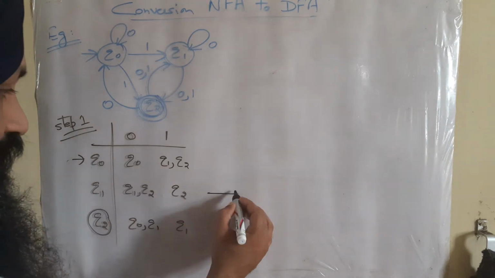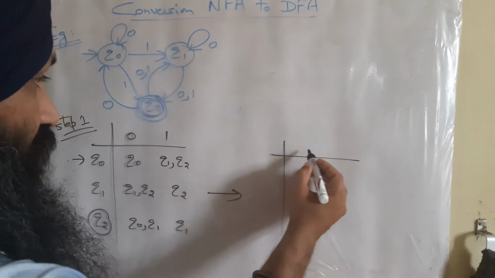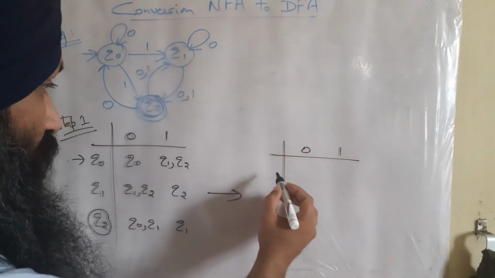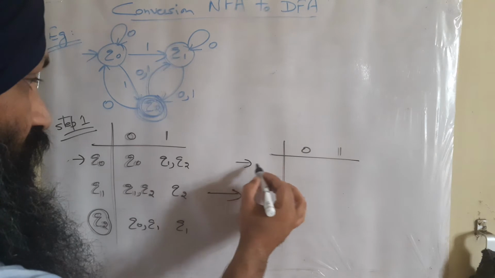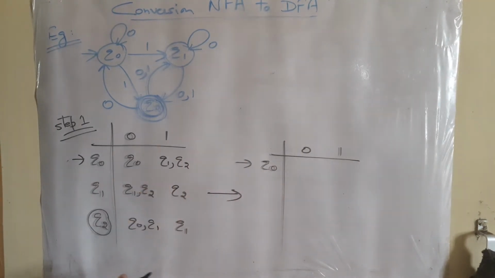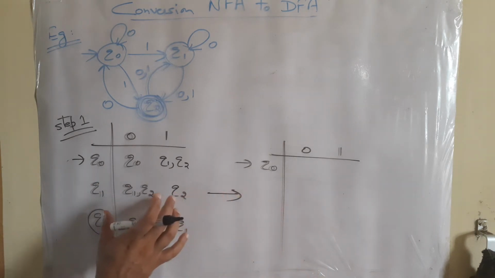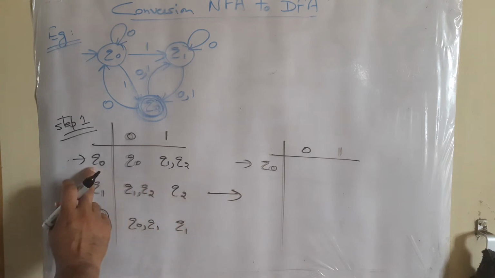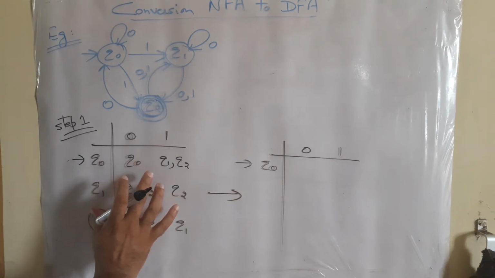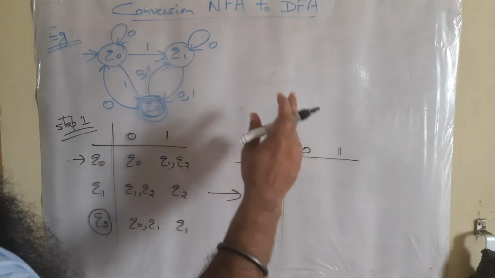Now we have to convert this transition table into the table required for DFA. Here only the first state is required. Don't write the corresponding states for the DFA table; we need only the first initial state from the table of NFA, and then we can continue for the table of DFA.